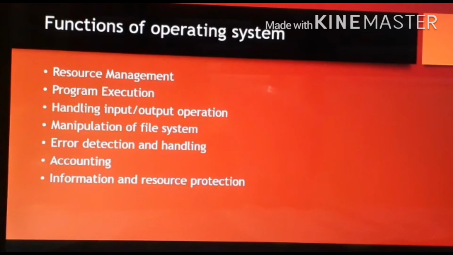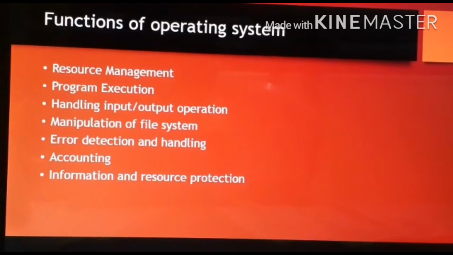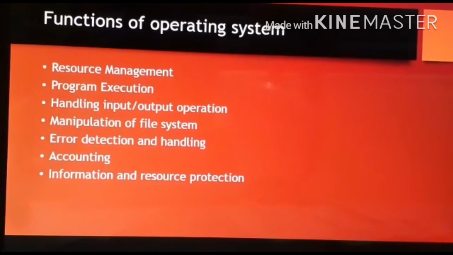I mean the operating system keeps a record of whatever things are usually done with that computer and CPU, so that all the tasks and processes can be easily tracked.